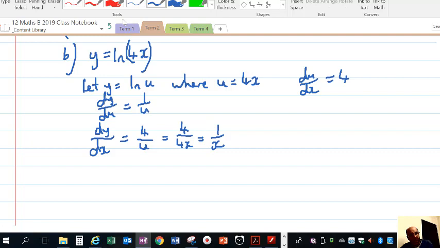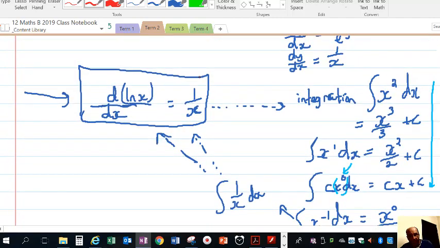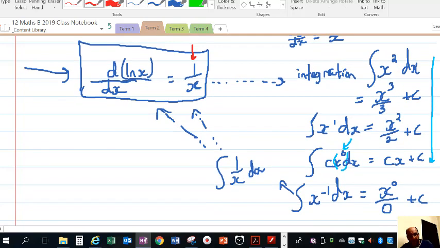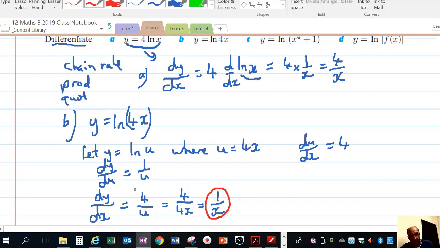Wait a minute, isn't that interesting? That's the same result as that. Fascinating. There was no mistakes made either. That's true. So that will be the case for any k value here.